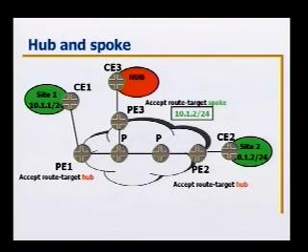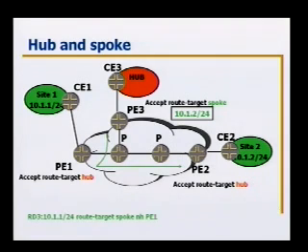And let's look at the advertisement from P1 for the routes that belong to site number 1. Similarly, it's going to send it out with the route target spoke, and P2 is going to ignore the advertisement, but P3, the hub site, is going to accept it and keep it in its pocket.